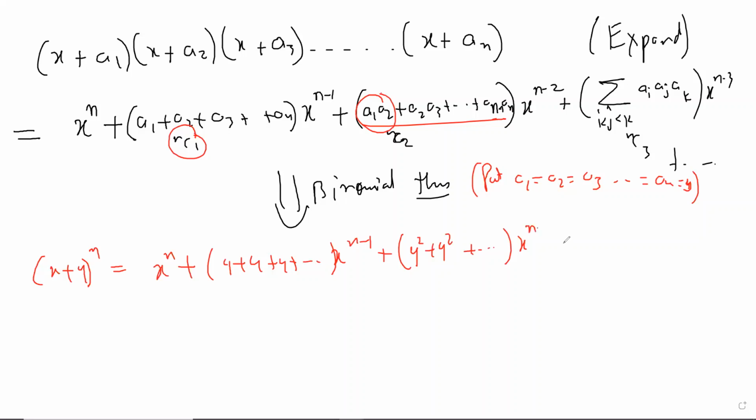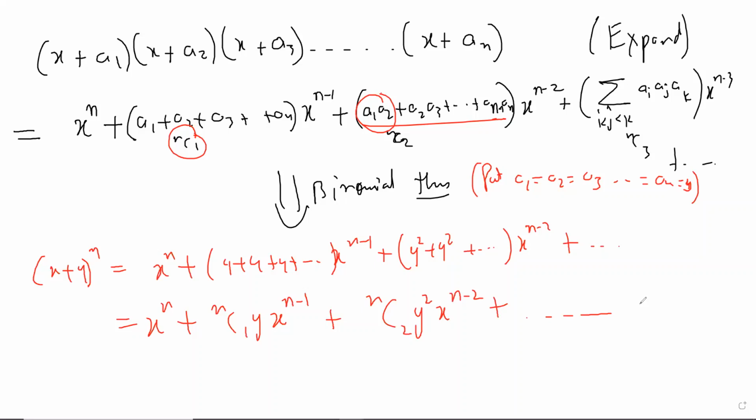And so this will be n choose 1 times y to the power n minus 1. And here we recover the binomial expansion. n choose 2 times y square and so on. That's it, right? The binomial theorem just pops out.